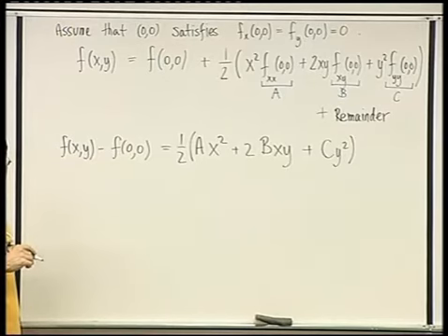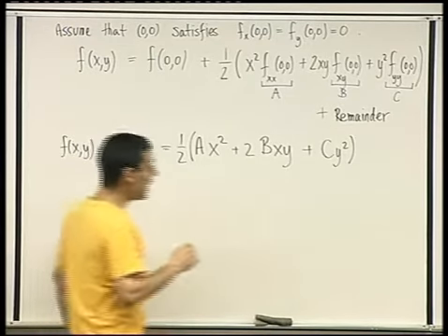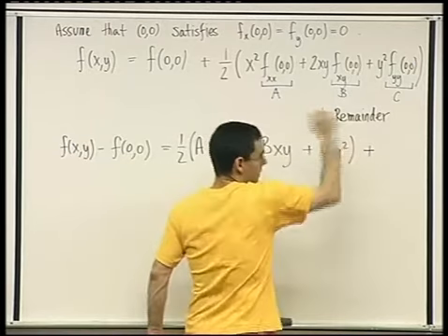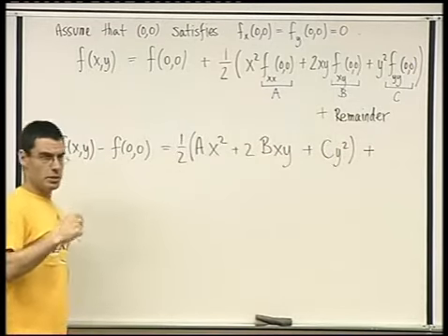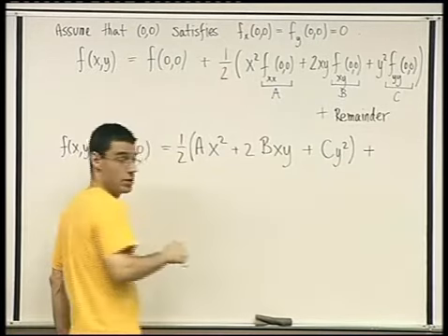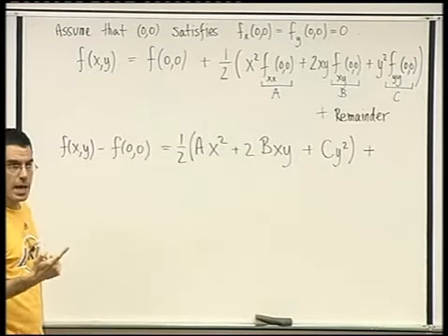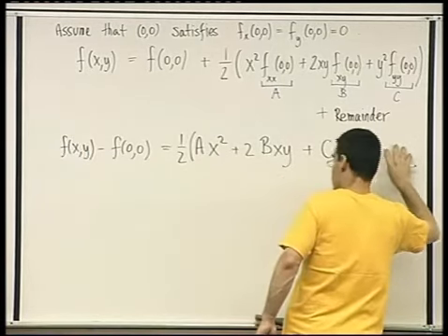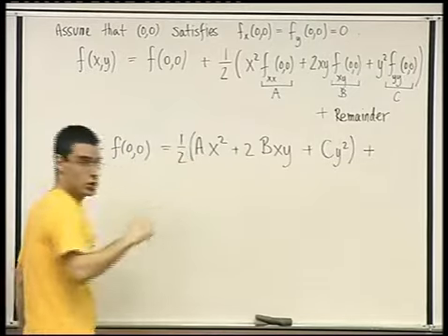Do you agree? Plus this remainder. But recall that the remainder only has terms with powers that are 3 or higher. And I claim that the things in the remainder in this case are negligible.